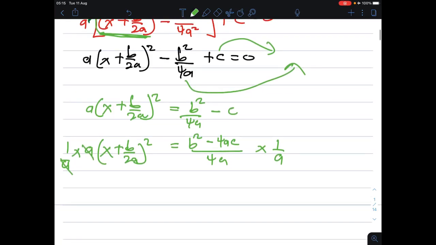This means that we have x plus b over 2a all squared is equal to b squared minus 4ac all over 4a squared. Okay, then the last thing we want to do is to take the square root.